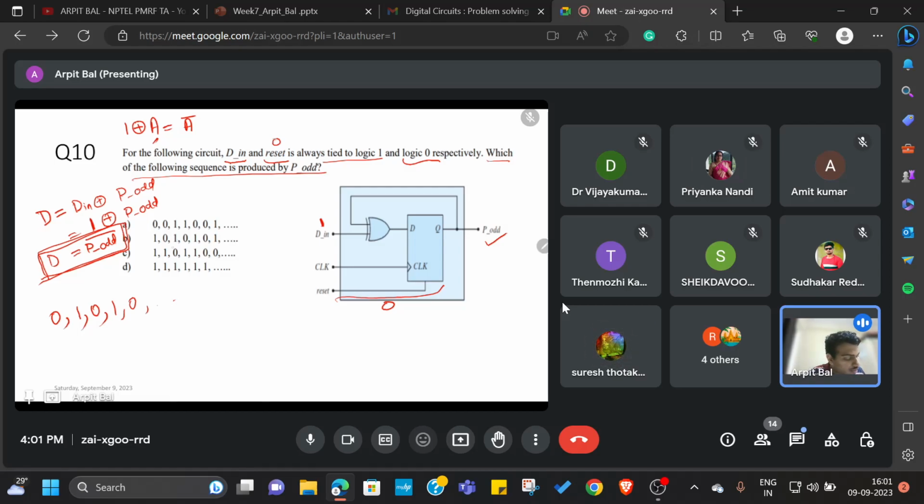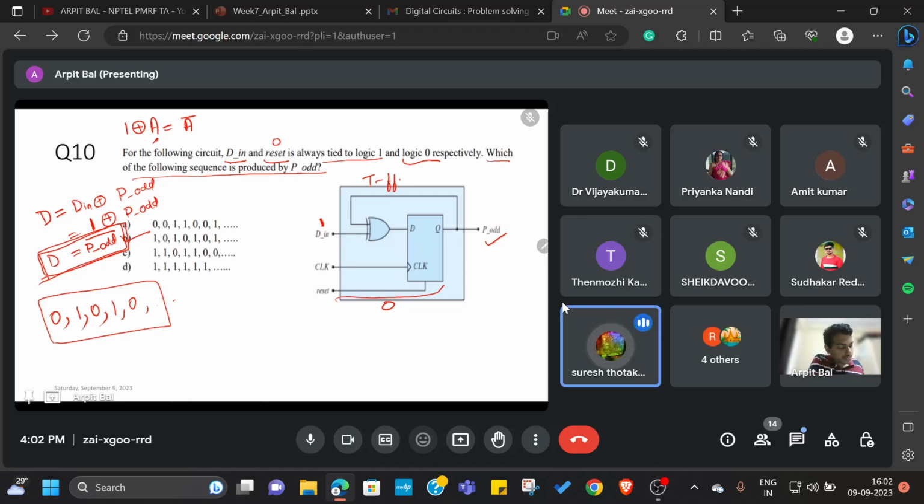So out of these options, which is the one that suits us? That is option B. Correct. So as you can see, this actually behaves as a T flip-flop, right? A T flip-flop with the value 1. So this black box can be treated as a T flip-flop as well. Okay. So these are some of the observations.